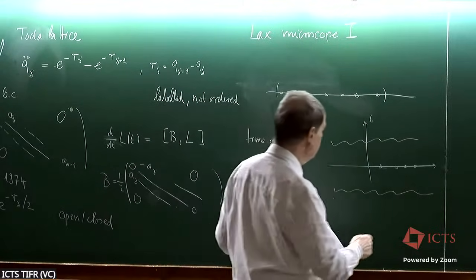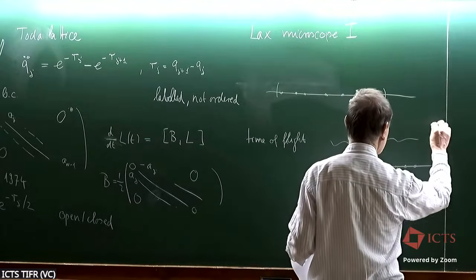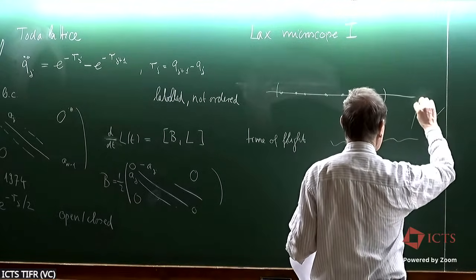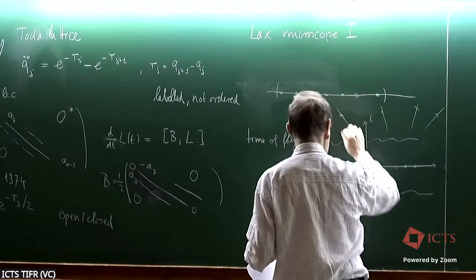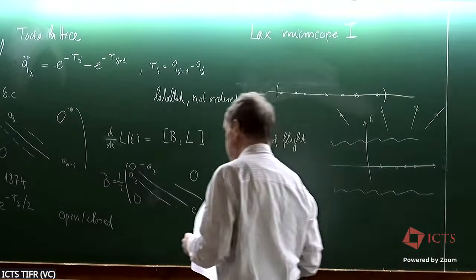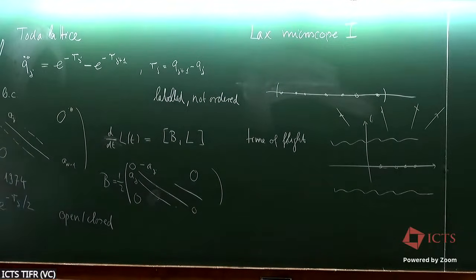And if you wait long enough, what you will see are trajectories going this way, this way, and then maybe this way. And this follows very easily when you look at the Lax matrix. You see, it's e to the RJ. It's a repulsive potential, and so in the long time limit, these A's will just go to 0.